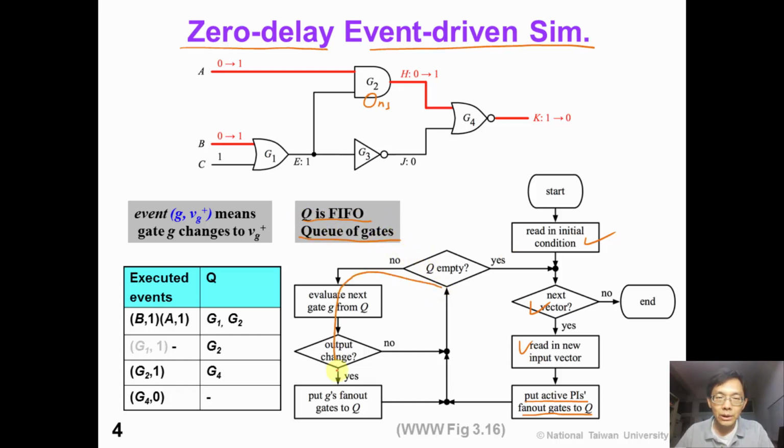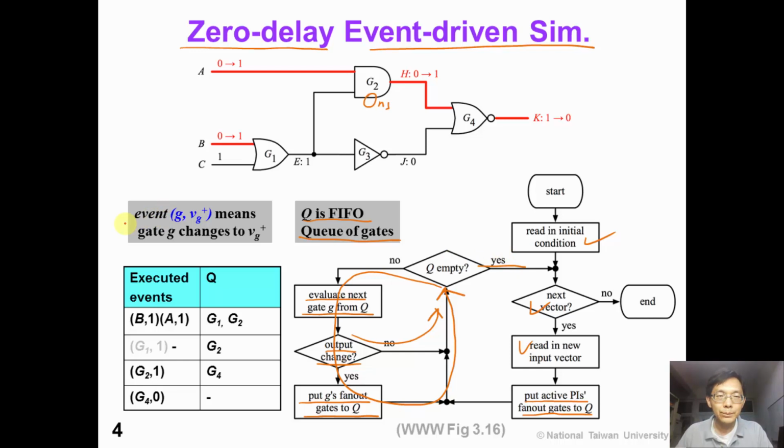In this loop, we will execute the events every time we evaluate a gate from the queue. If the output does not change, then we do nothing. If the output does change, then we execute this change and we put gate G's fan-out gates into the queue. We continue in this loop until the queue becomes empty.